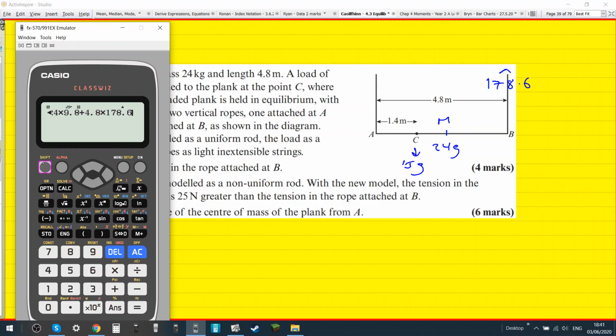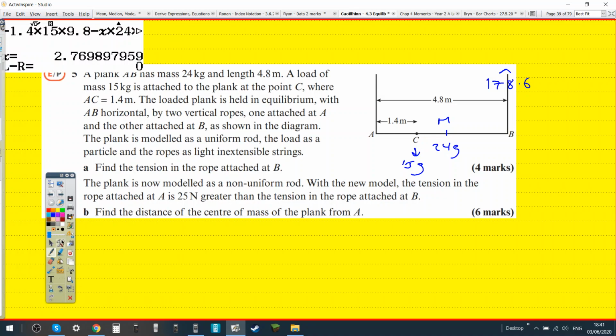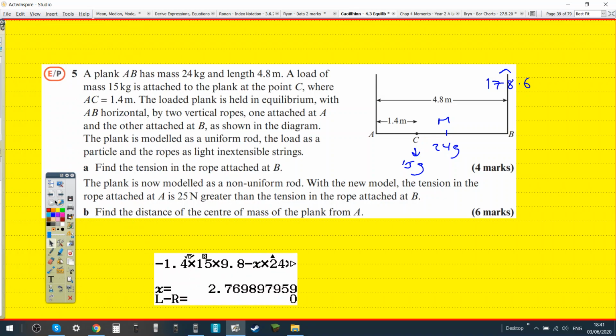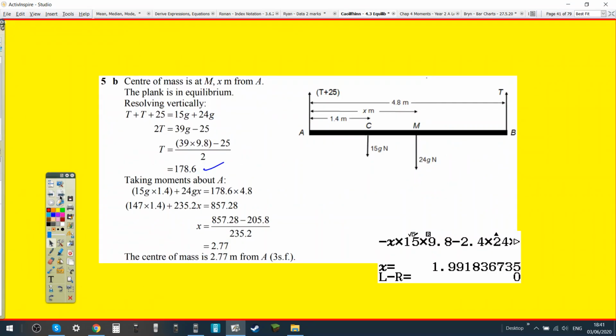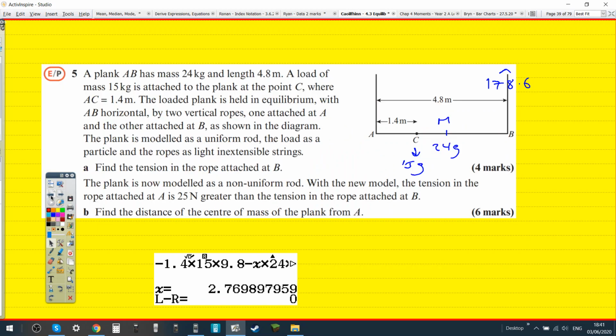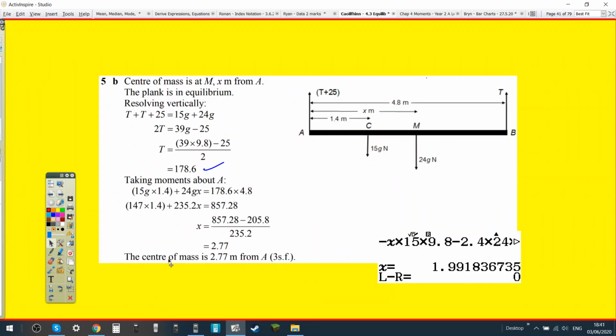I got 2.7, 2.8. 2.80, let's say. They said, wait, 2.7. Yeah, 3 sig fig 2.77. Yep. Grand. Okay.